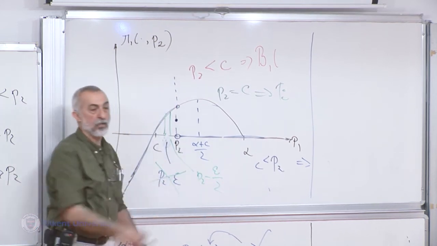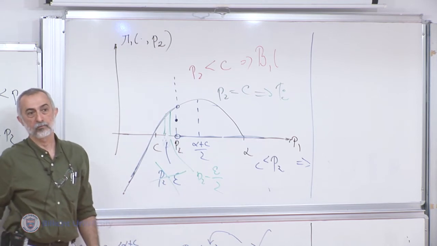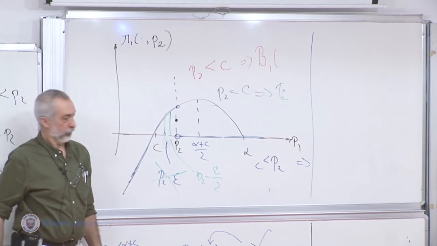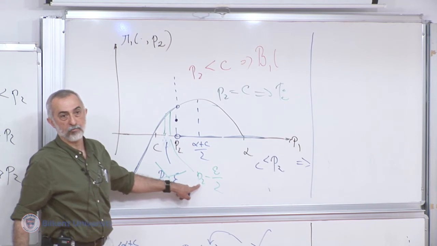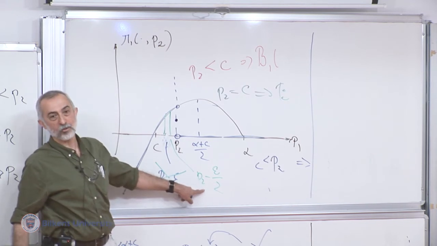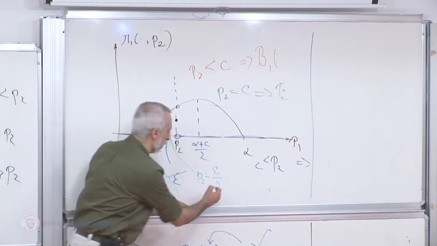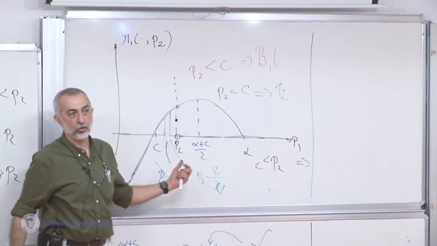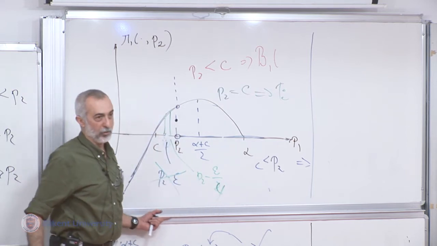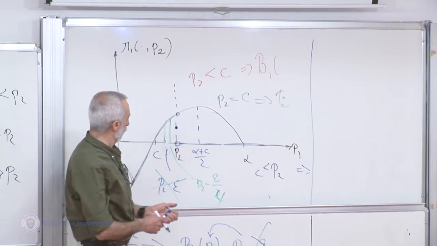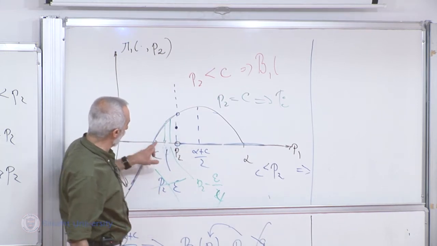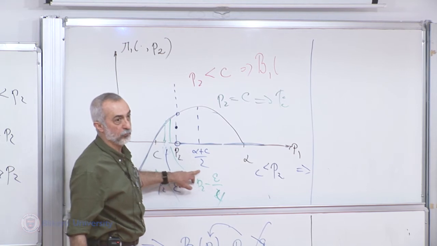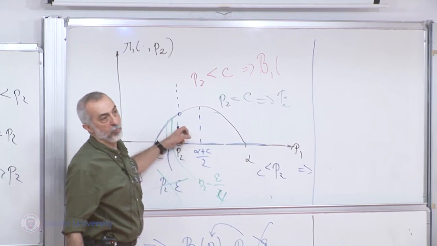So this cannot be a maximizer, because this yields a higher profit. So is this the maximizer? No, because this even yields a higher profit. Conclusion? There is no best response. When P2 is between C and alpha plus C over 2, there is no maximizer.